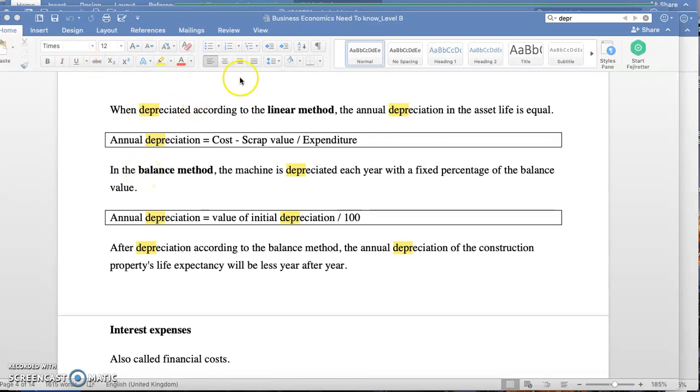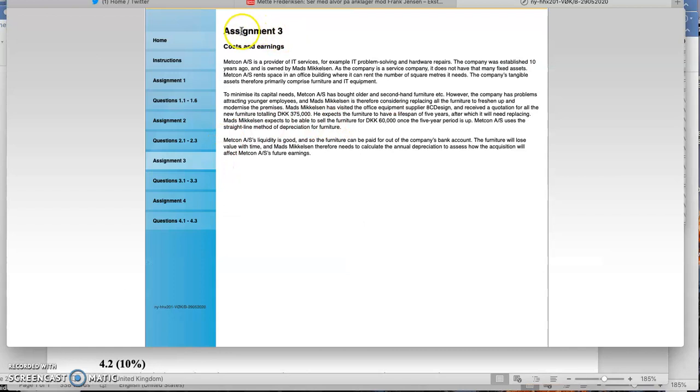In your Business Economics level B, but also in your book, you can find the calculations for how to calculate the depreciation. And in the assignment paper, you can also read the information needed. This is in the index file, where you can see more information which will also be needed in order to answer this question.